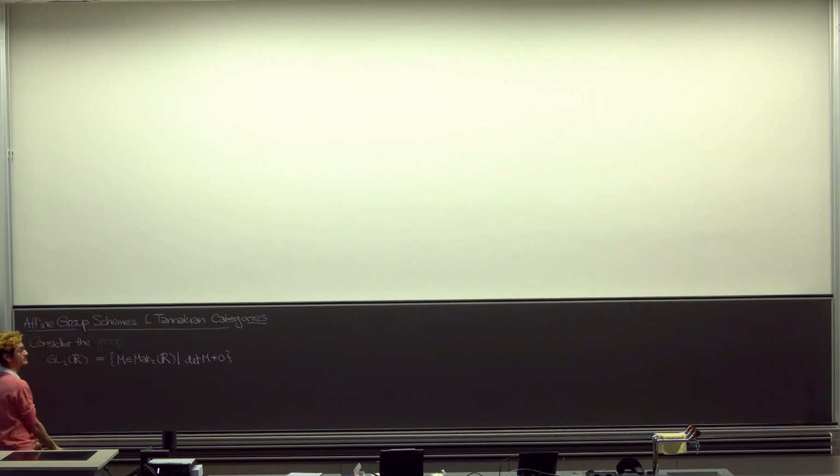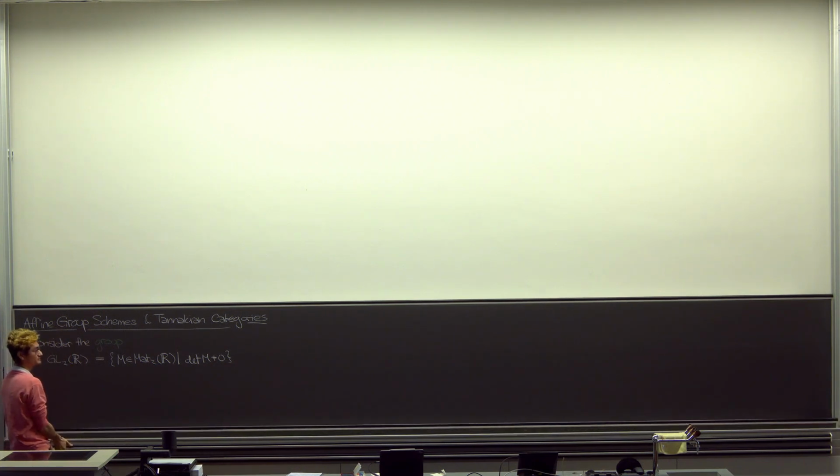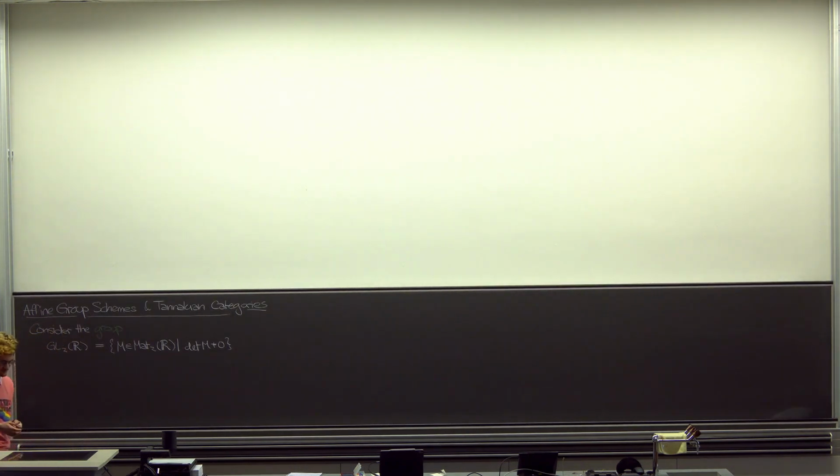And the natural question here is, what additional structure does this group have? It's a group. The group composition is just the multiplication, and the identity element is just the identity matrix.